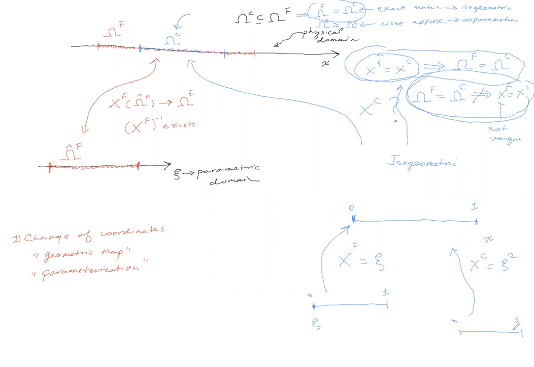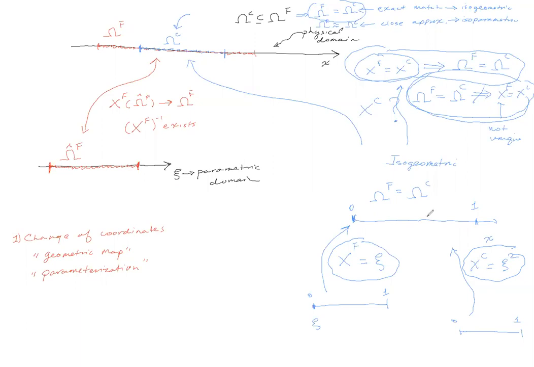But the internal points don't map the same way. See how these parametrizations are different, even though omega F is equal to omega C, right? Do you see how this 0 to 1 segment is being mapped in both cases to the X coordinate, 0 to 1? Everybody okay with that? Lindsay, do you see that?